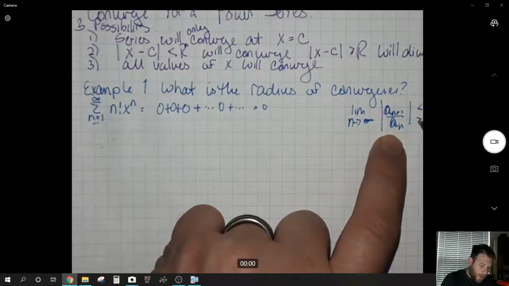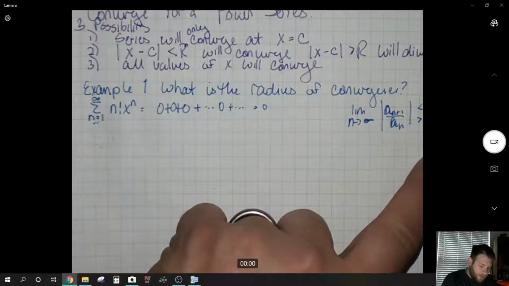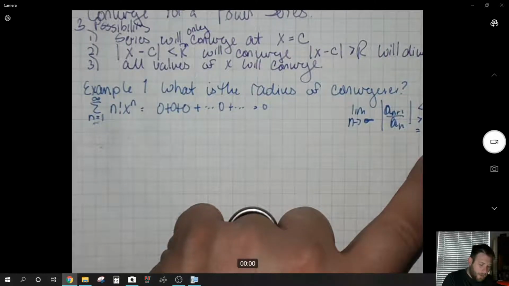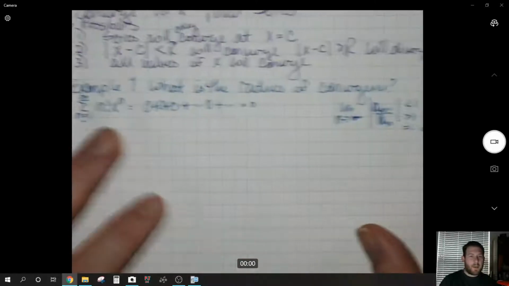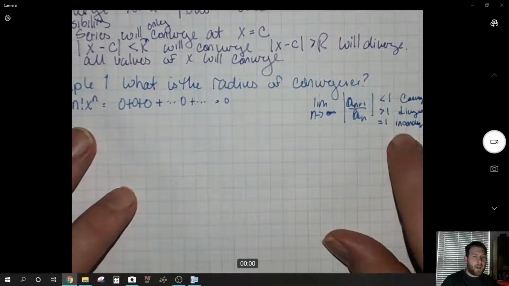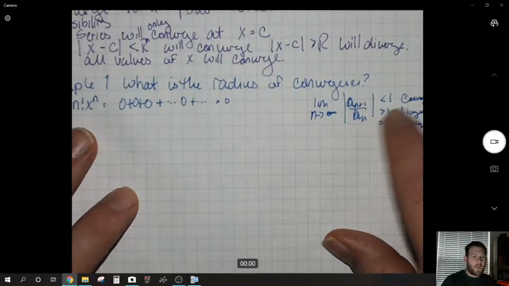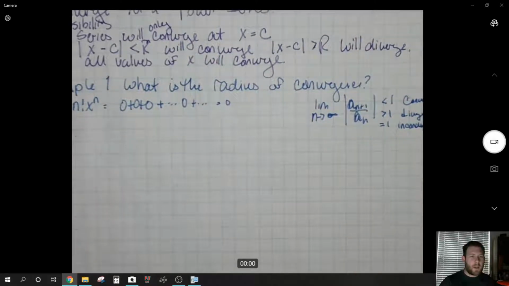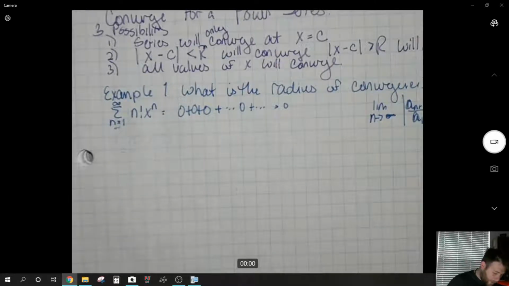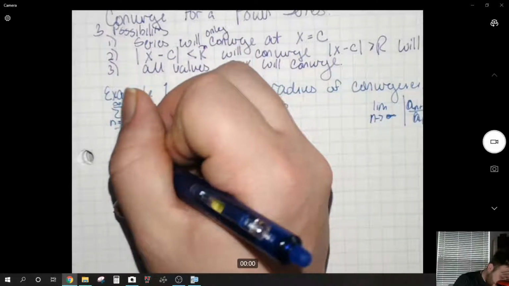If it's greater than 1, it diverges. And if it equals 1, it's inconclusive. So I'm going to keep these three things in the back of my mind, and go ahead and do the ratio test now.